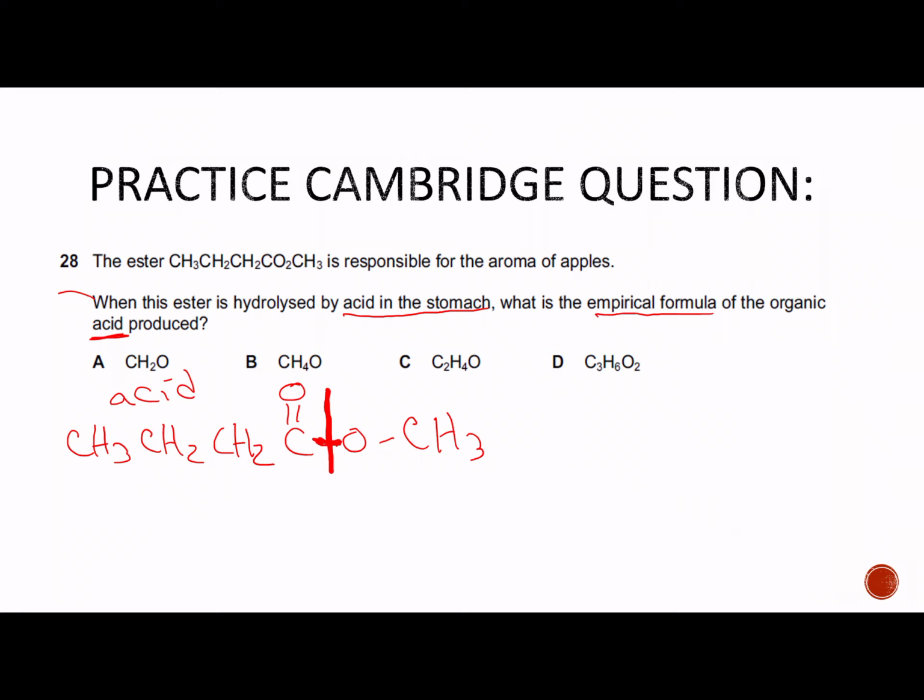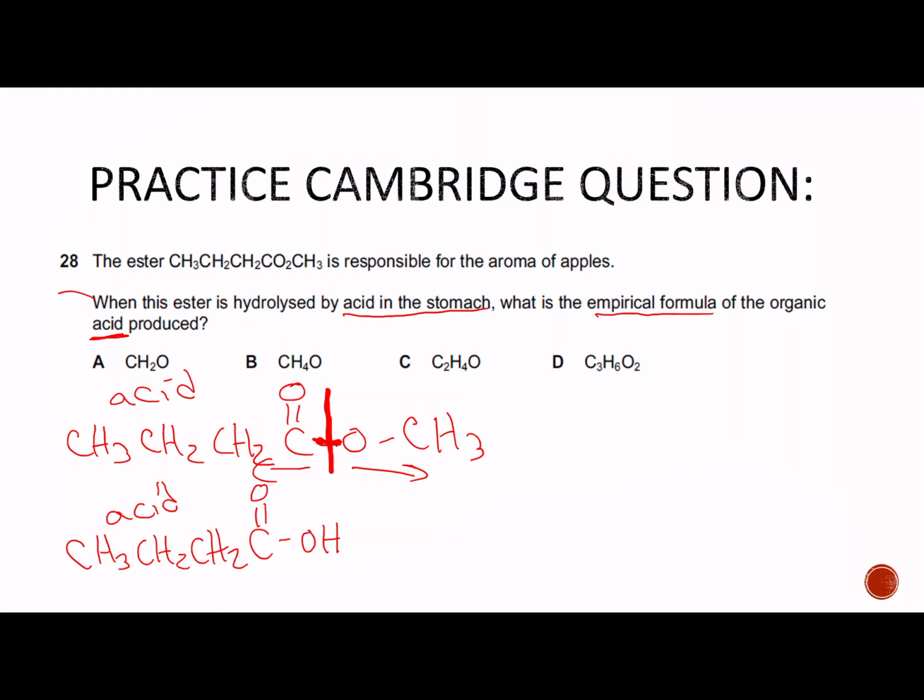So then I need to return the acid and the alcohol parts to what they would normally be. So this would be CH3, CH2, CH2, CO, and then this would be OH. This would be the molecule for the acid.